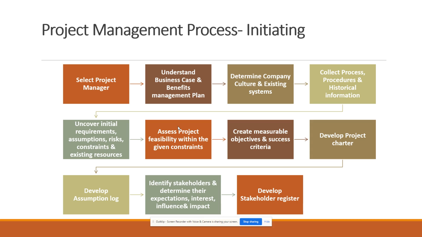But in the planning process, which we are going to see in the next video, it should be in series. You have to do the management plan first, then the activity list, then estimate, then sequence. That order will be there, and only in that order you have to execute. The initiating phase is not like that. Anytime you can do any process.